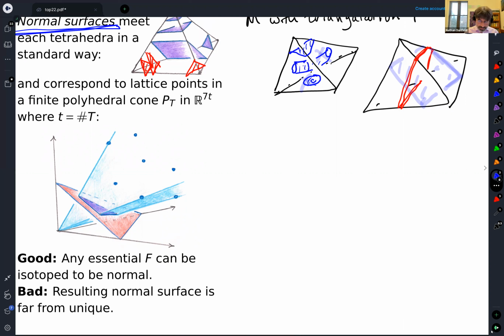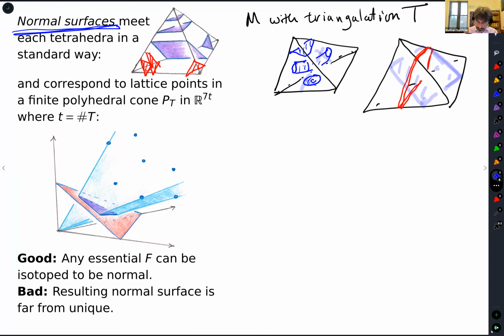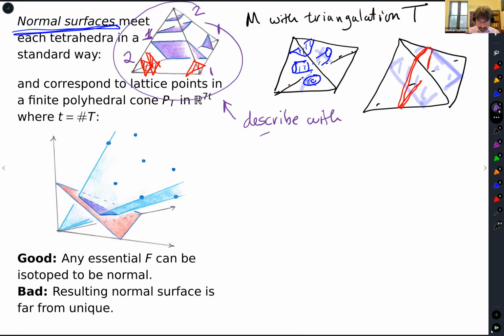For example, if I wanted to describe the picture here, I could say there's 2 triangles in this corner, 1 triangle in this corner, 1 triangle in this corner, 2 triangles in this corner, and there's 1 quadrilateral in the middle, namely this kind of quadrilateral. And there's no quadrilaterals of the other 2 kinds. So in other words, this picture we describe with 7 numbers.